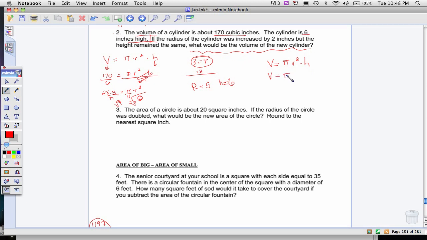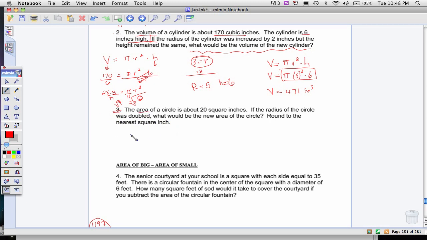I don't know what the new volume is, but what I do know is that r is 5 and h is 6. If you plug in pi times 5 squared times 6, you approximately get 471 inches cubed. If you don't have a pi symbol, you can also use 3.14.